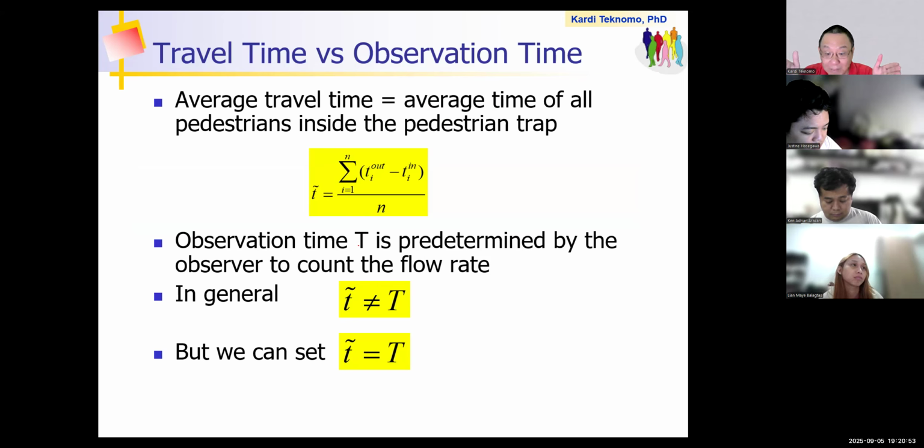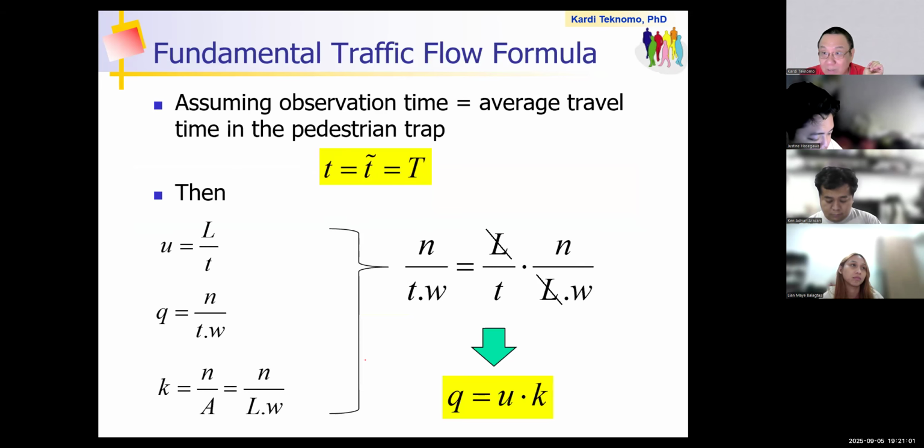This is a sampling time. In general, they are not the same. But if you set them the same, the observation time equal to the average travel time, then you can remove the L here.